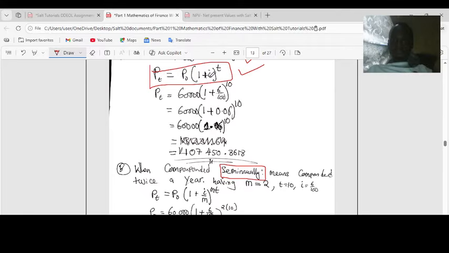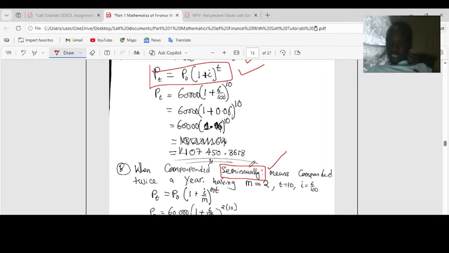Remember, your general formula is PT equals P0 (1 + i)^T. Depending on the number of conversions, that's how your formula is going to be affected. We're talking about i being divided by the number of conversions, and T being multiplied by the number of conversions.